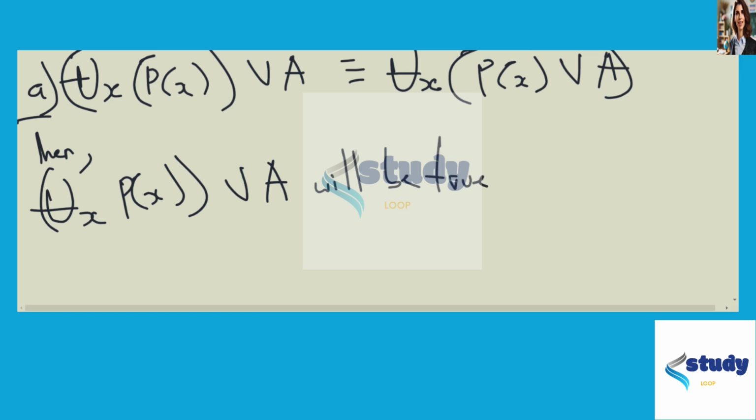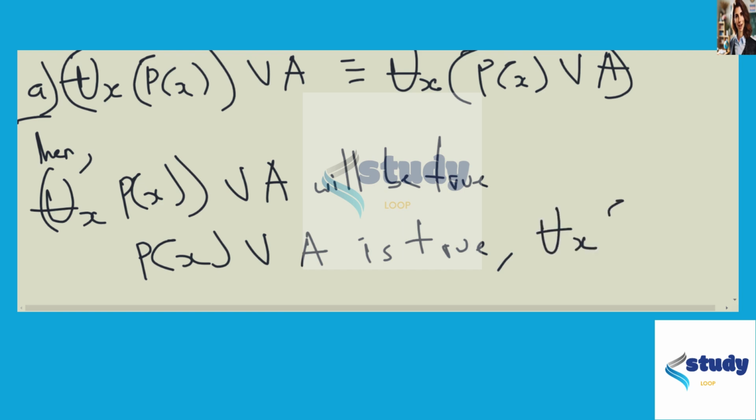So similarly, if for all x, P of x disjunction A is true, then for all x, P of x disjunction A will also be true, making them equivalent.